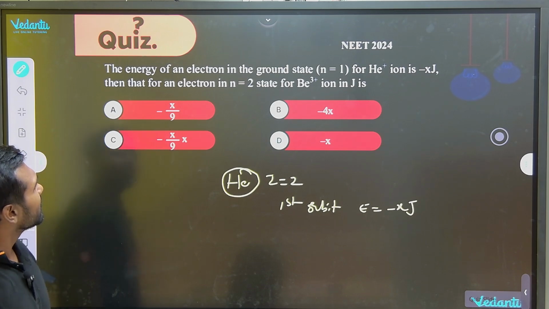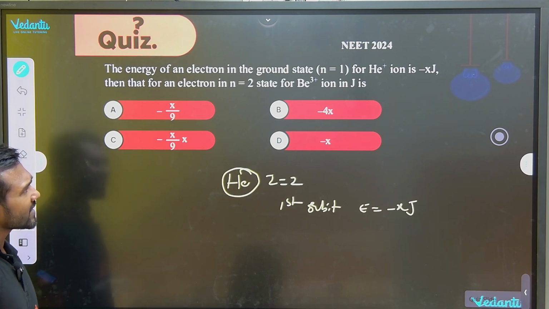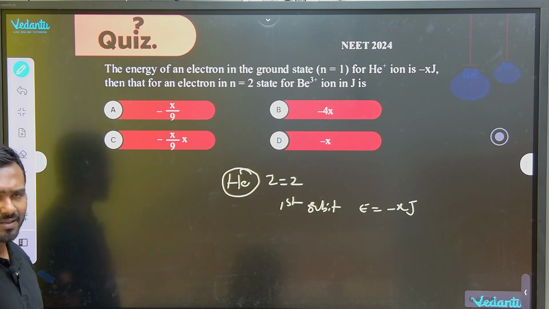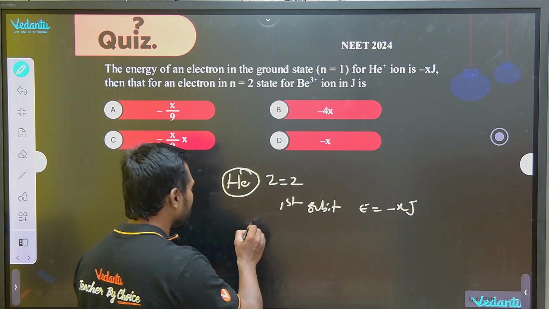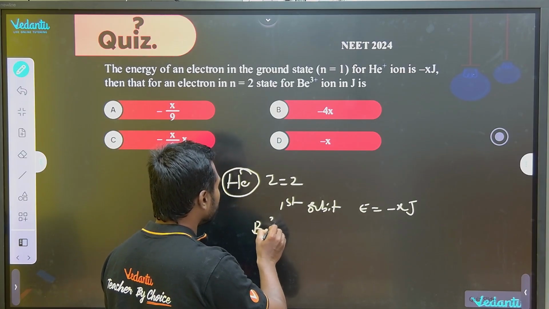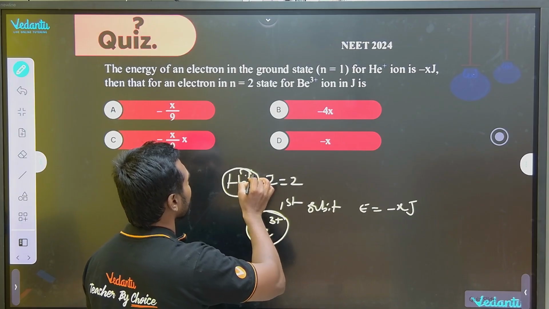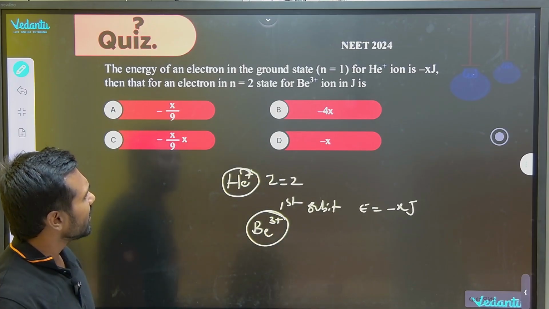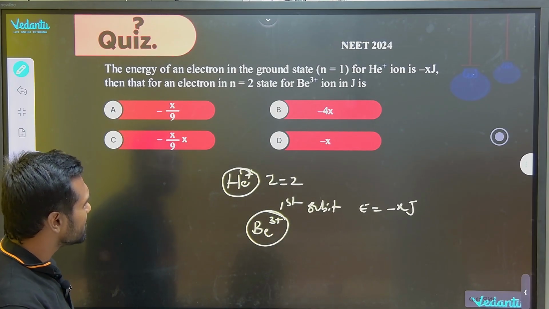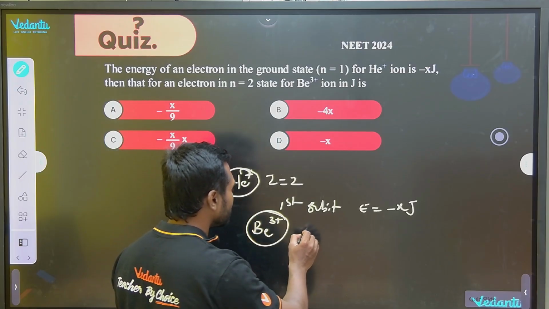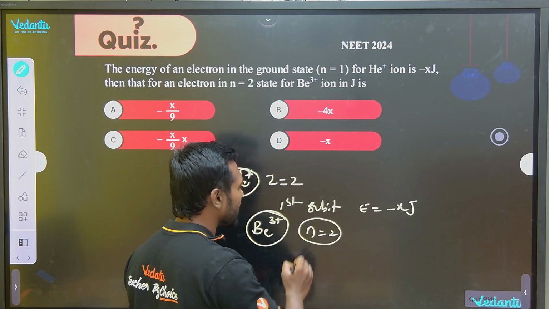Then the energy of the electron present in the second orbit of beryllium 3+ you have to find, in joules. The orbit number is 2.